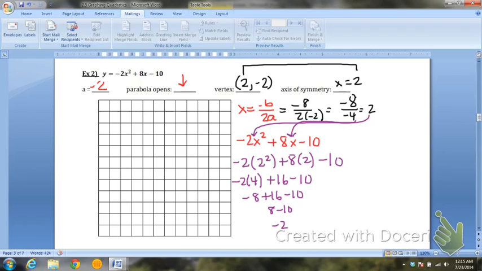Alright, so with your highlighter, let's go ahead and draw our x and y axis. We're going to graph the point 2, negative 2. We're going to label.